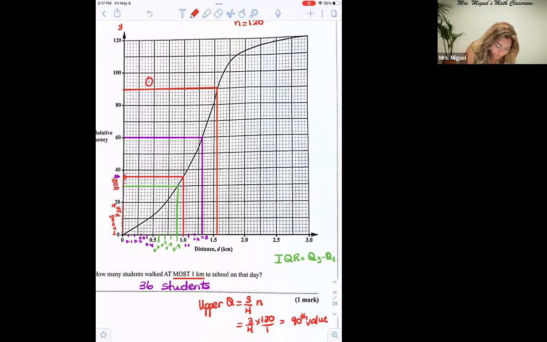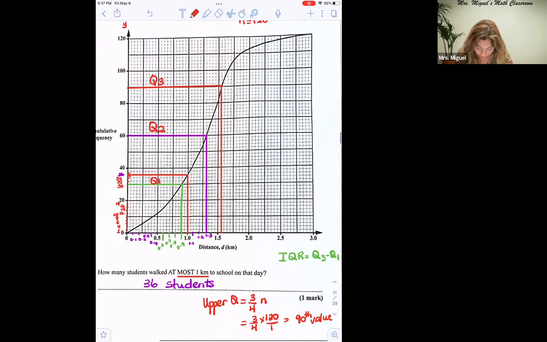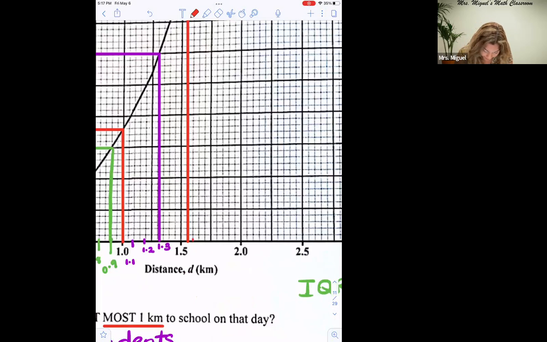This is Q3. This is Q2. This is Q1. So let's read off this number. So here would be 1.6, but this isn't 1.6. It is midway between 1.5 and 1.6.